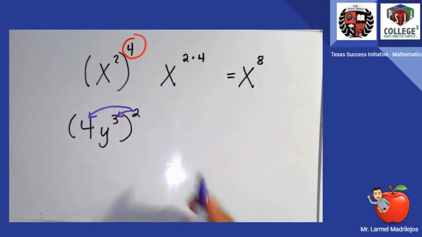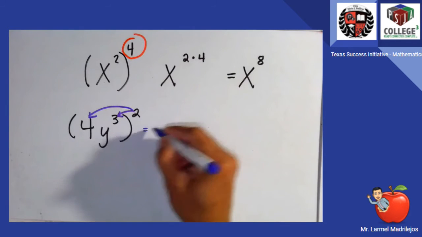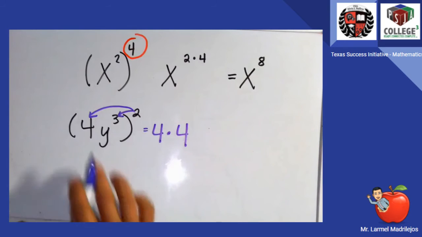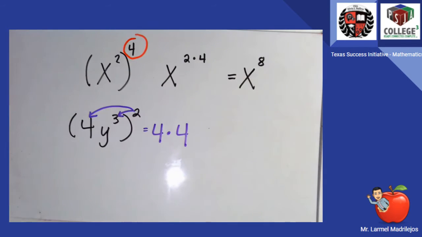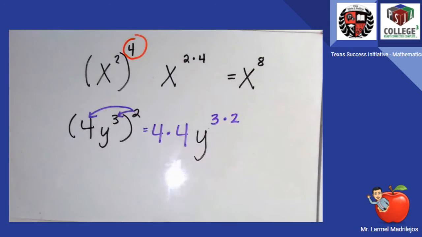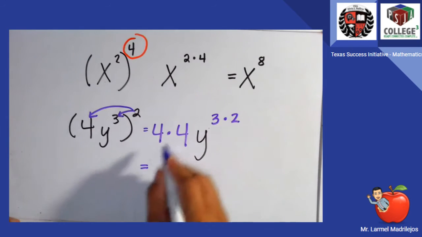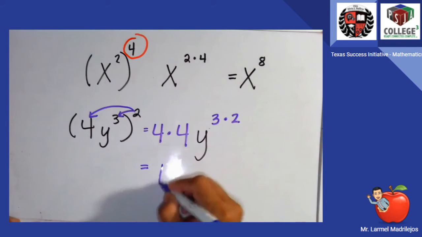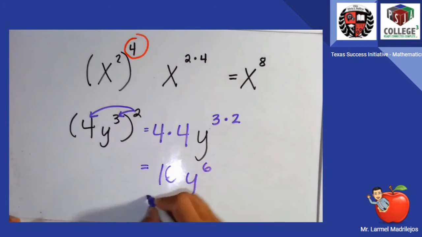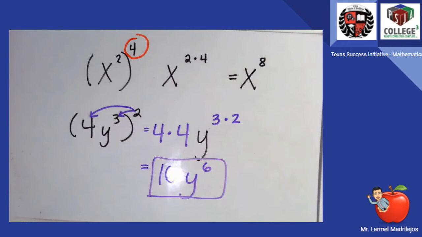So this is going to be 4 times 4, and the y, 3 times 2. So the answer is 4 times 4 is 16, 3 times 2 is 6. That's the final answer.